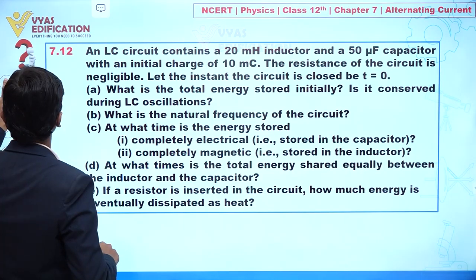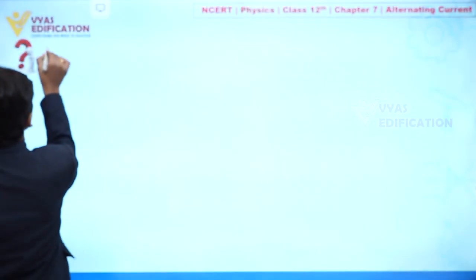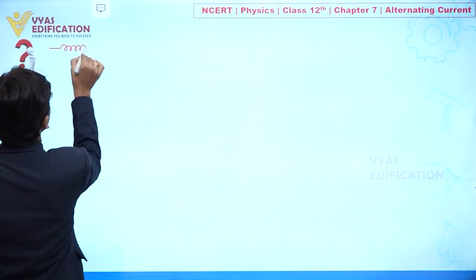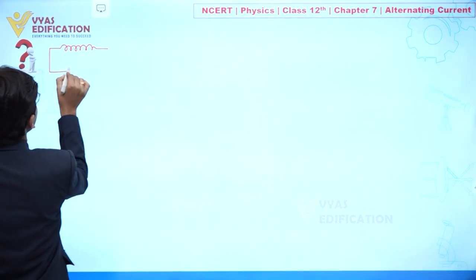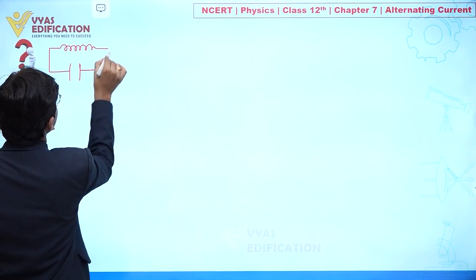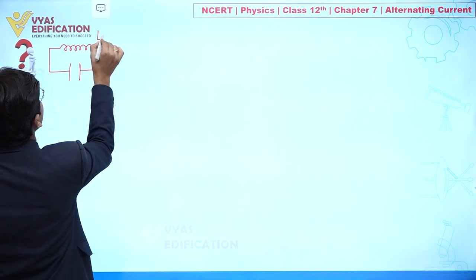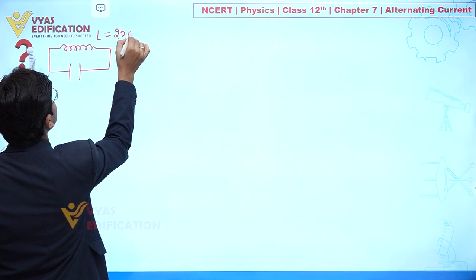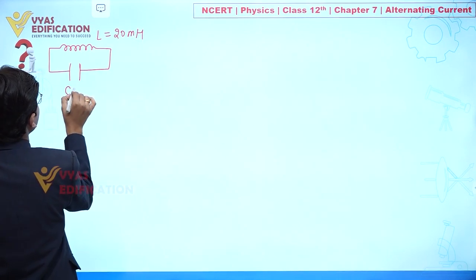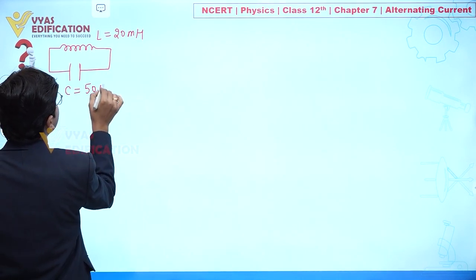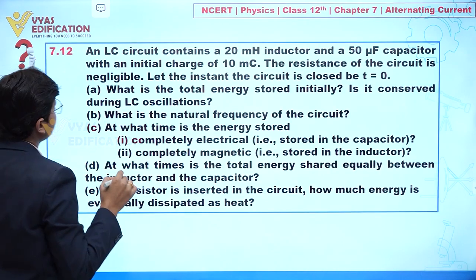Let's suppose this is the inductor, and here we have the capacitor. The value of L is 20 millihenry, and the value of the capacitor is 50 microfarad.